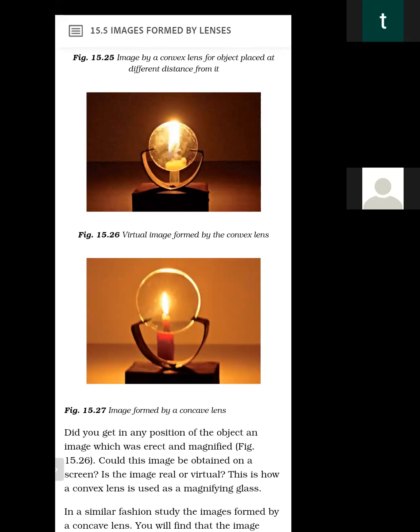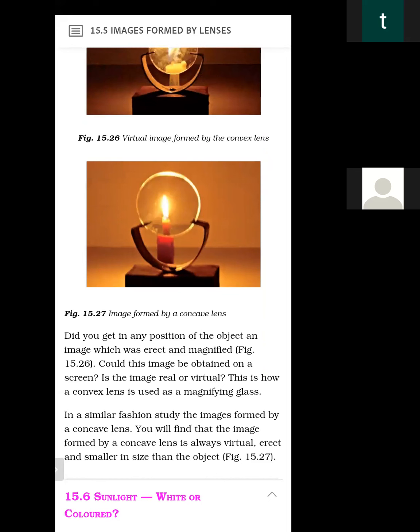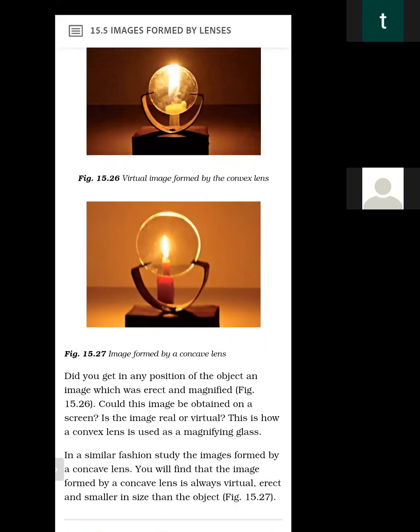So do you get any position of the object with an image which was erect and magnified? Yes, erect and magnified. Look at figure 15.26 in the case of a convex lens. When we bring the candle very much closer to the lens, we obtain a virtual, erect and magnified image, large in size. Could this image be obtained on screen?